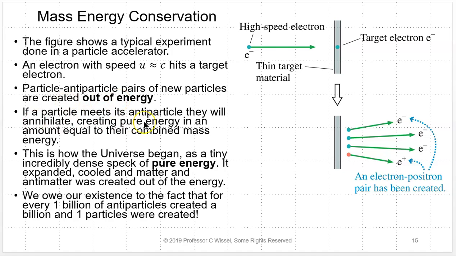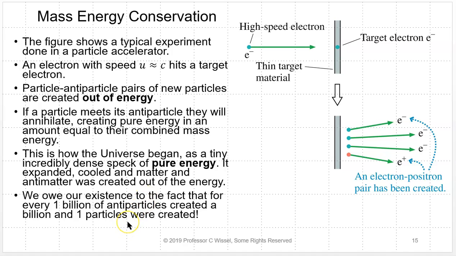Now, if a particle meets its antiparticle, they will annihilate, creating pure energy in an amount equal to their combined mass energy. Back in the early days, the universe began as a tiny, incredibly dense speck of pure energy. It expanded, cooled, and matter and antimatter were created out of the energy. Normally, you will create an equal number of particles of matter as you do antiparticles.